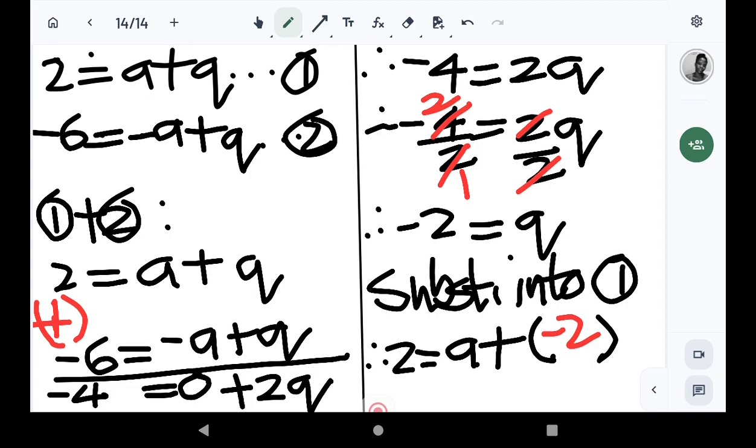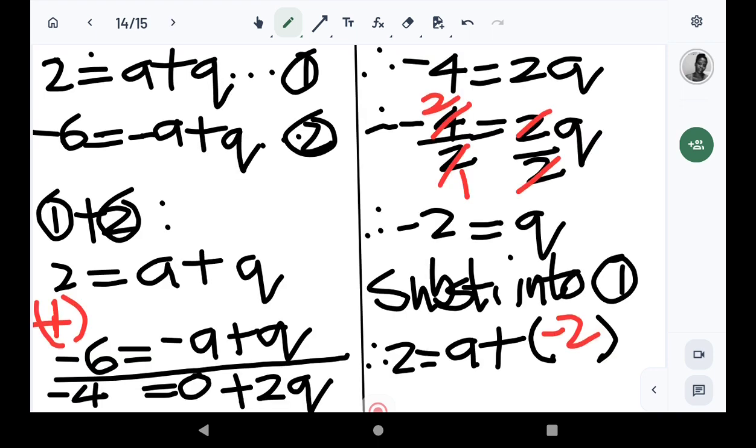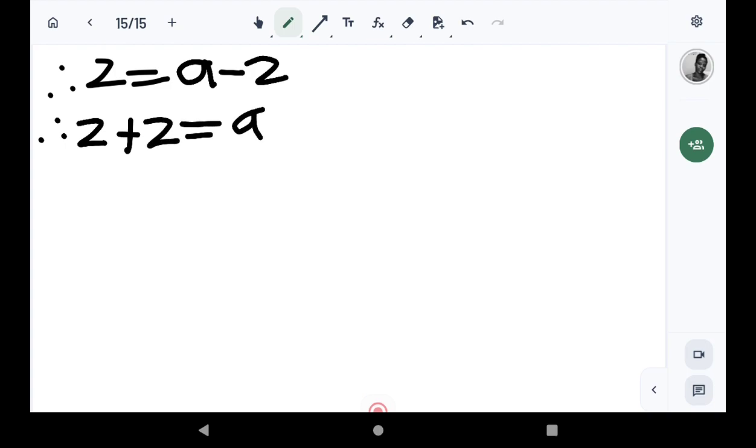Therefore, 2 equals A minus 2. Now you take the 2 to the left hand side, so that becomes 2 plus 2 equals A. Therefore, 4 equals A.